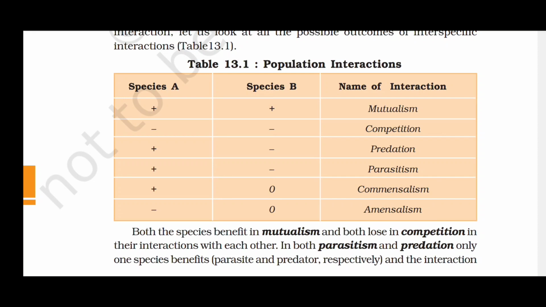Species A plus, species B minus: predation. Species A plus, species B minus: parasitism. Species A plus, species B 0: commensalism. Species A minus, species B 0: amensalism.